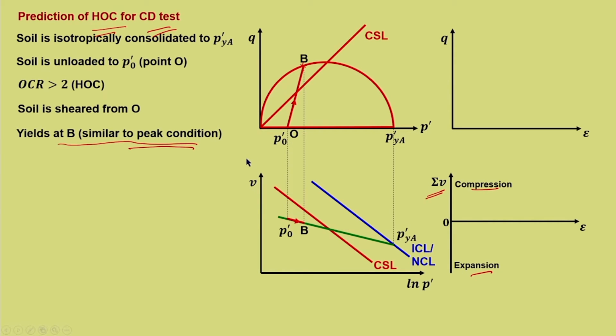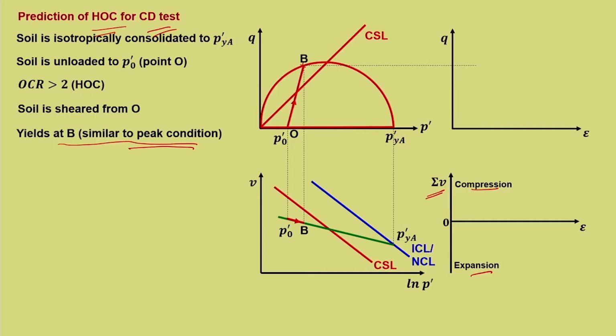Now, in our previous lecture we have associated this to peak because the maximum point of Q that you can get for OC is the peak point. Now, here we are limiting it by yield. Earlier we limited this by a peak line. You can refer back and see in our earlier lectures we have done that. Now, here the peak and the yield point are analogous to each other. We are considering these to be more or less the same.